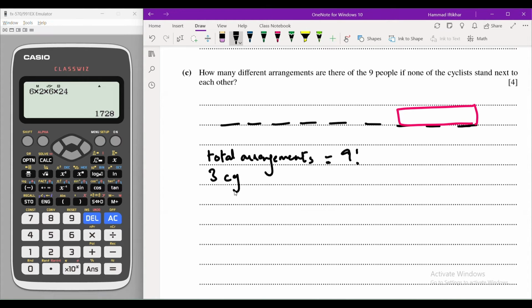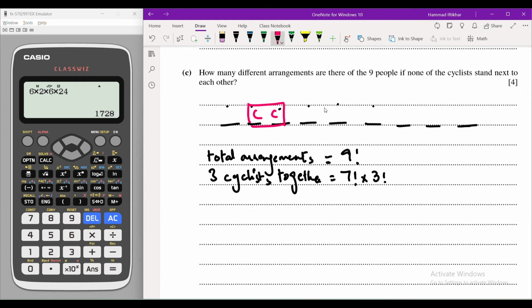So 3 cyclists together, we get 7 factorial times 3 factorial because there are 3 cyclists inside. Now, since none of the cyclists are standing together, we also have to consider the possibility of 2 cyclists together and the other cyclist away.